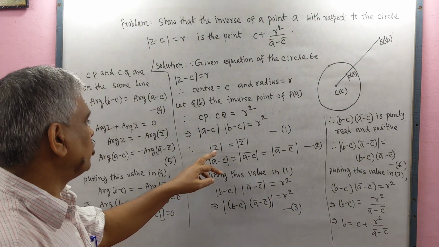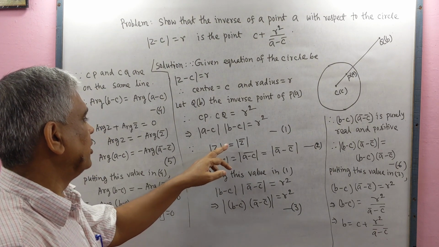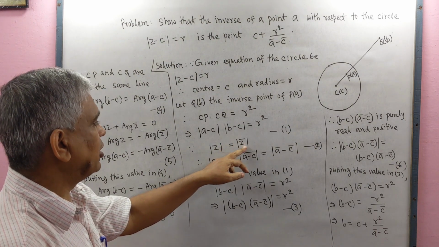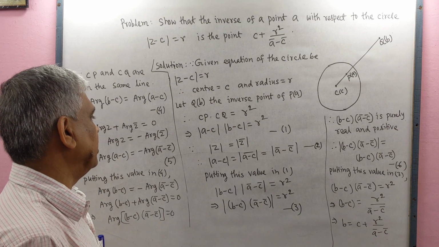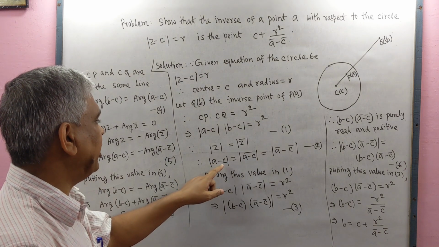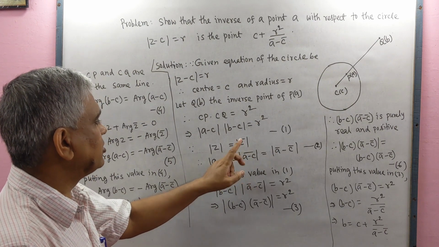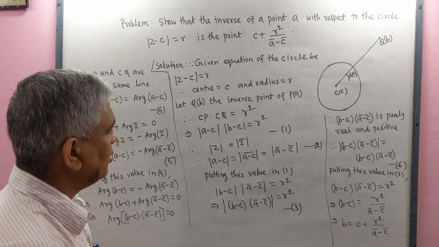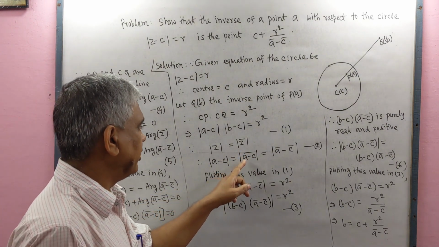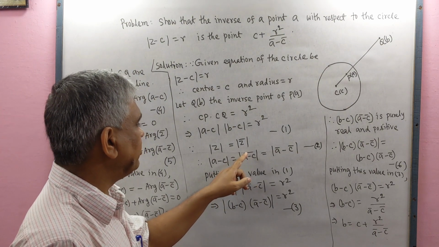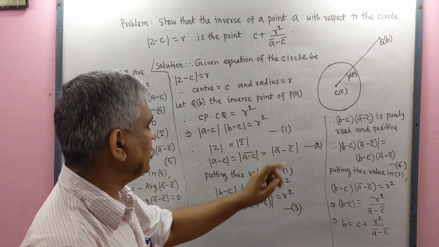We know that modulus of Z equal to modulus of Z bar. Therefore, modulus of A minus C equal to modulus of the conjugate of A minus C, and the conjugate of A minus C means A conjugate minus C conjugate.